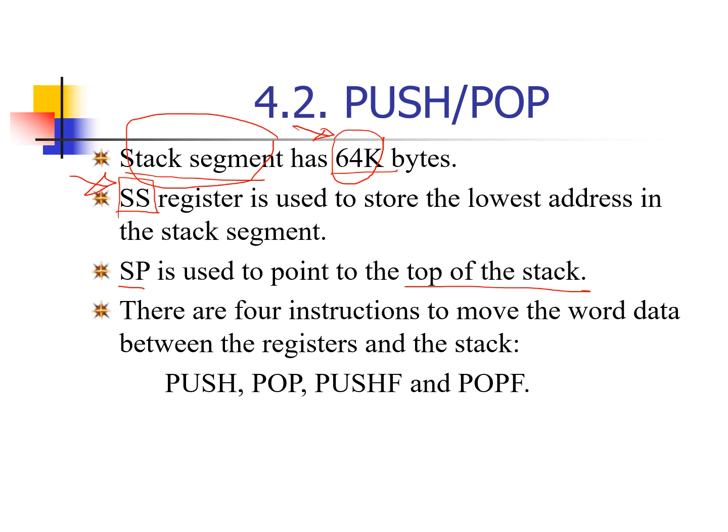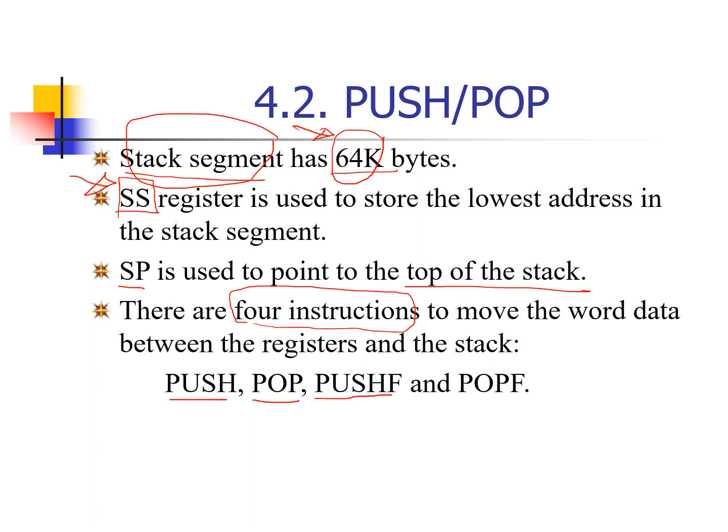Okay, and we have 4 instructions to be used in moving data between your stack memory segment and the device. So these are push: you push data inside your stack memory segment. You get it back by pop.